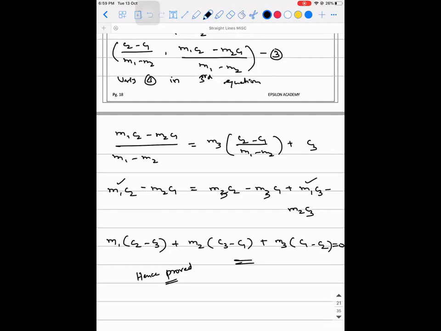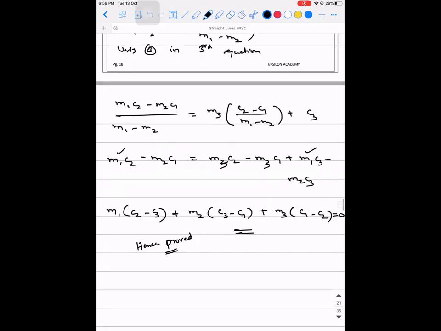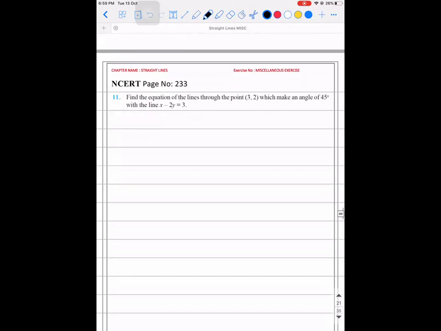Okay. So I'm moving on to the next problem. Find the equation of the lines through the point 3, 2, which make an angle 45 degrees with the line x minus 2y is equal to 3.